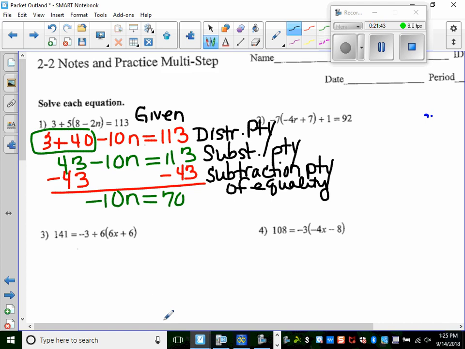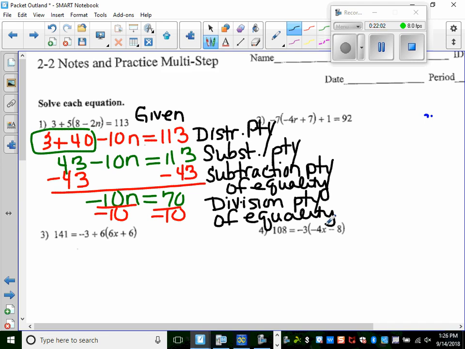Now I am going to divide both sides by -10. So what property did I just use? Division property of equality. That's correct. So that one actually has a long name. And then when I actually do the division and I get -7, what is that?